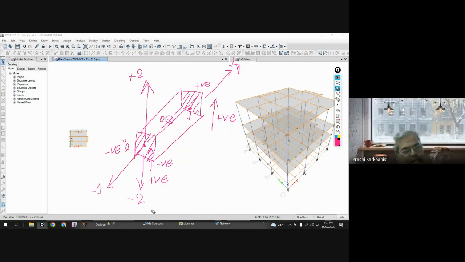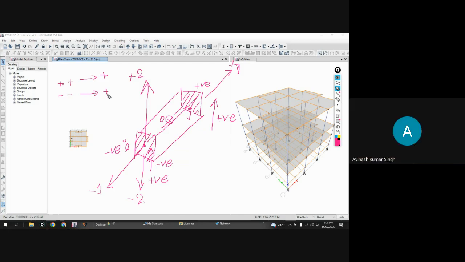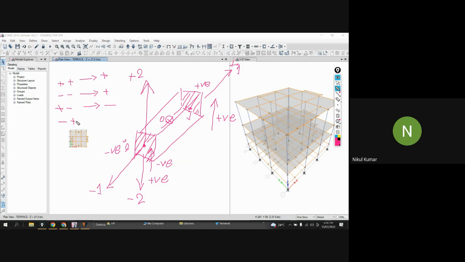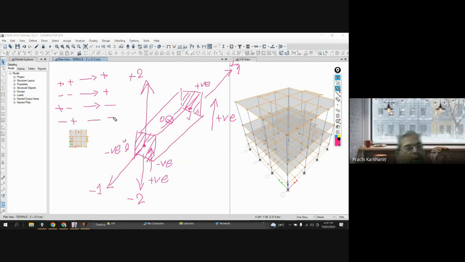Clear? Yes. So you can remember: positive times positive will be considered positive, negative times negative will be considered positive, positive times negative will be considered negative, and negative times positive will be considered negative.